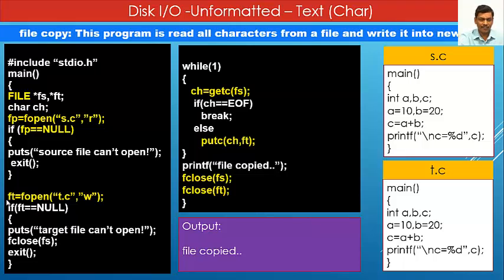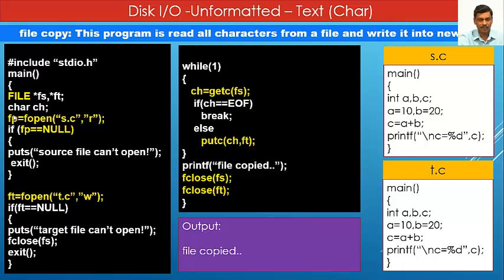After the files are successfully opened, it will execute this statement. But if this statement is null, it cannot open the file. We just display the error message, target file cannot open. We want to close the stream between the hard disk and RAM memory, because it already made a stream from the s.c file to RAM memory. So we close the stream by using fclose of fs.